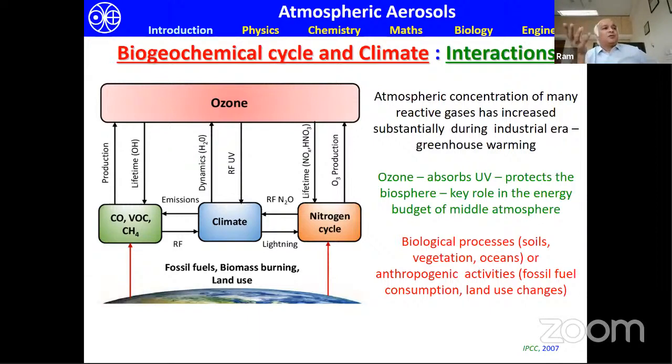Ozone, as you are aware, absorbs ultraviolet radiation. It plays a key role in the biosphere and also in the budget of the middle atmosphere. It protects against the harmful ultraviolet radiation.